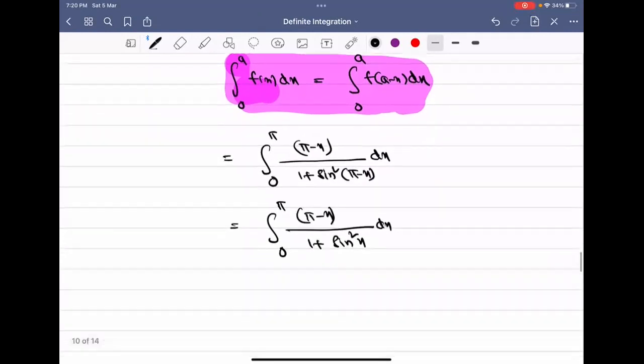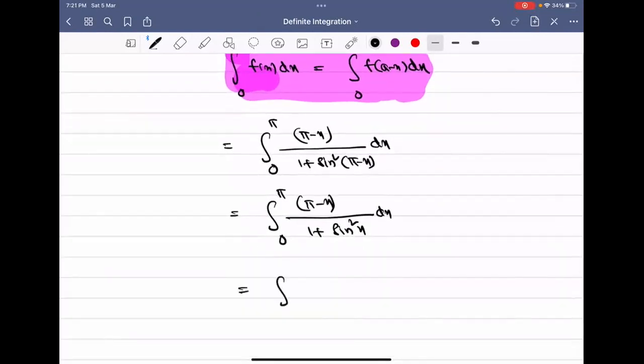If you separate it, pi into integration of 0 to pi 1 over 1 plus sine square x dx minus integration of 0 to pi x over 1 plus sine square x dx.